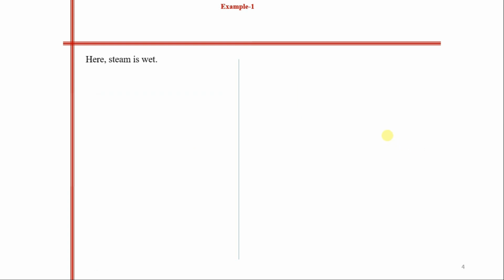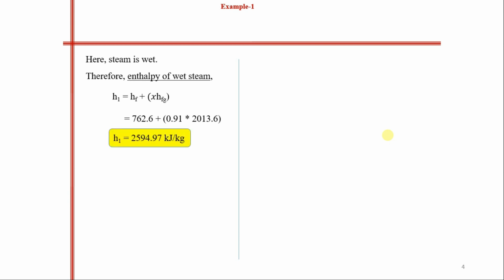Now here steam is wet, therefore for enthalpy of wet steam, we all know the equation is hf plus x hfg. This data we have already found from the steam table. So we get the enthalpy of point 1, that is wet steam, as 2594.97 kilojoule per kg.